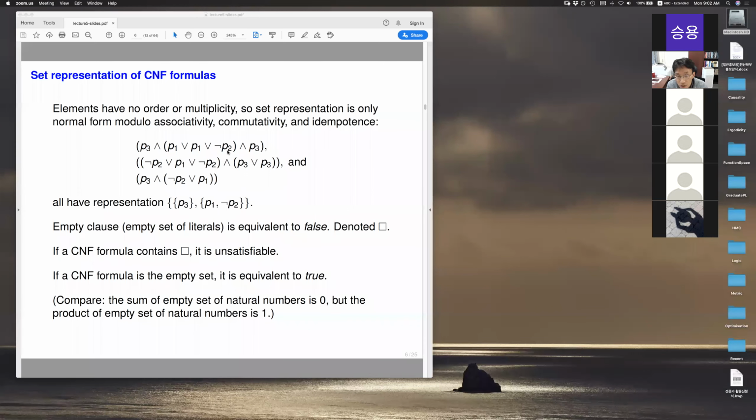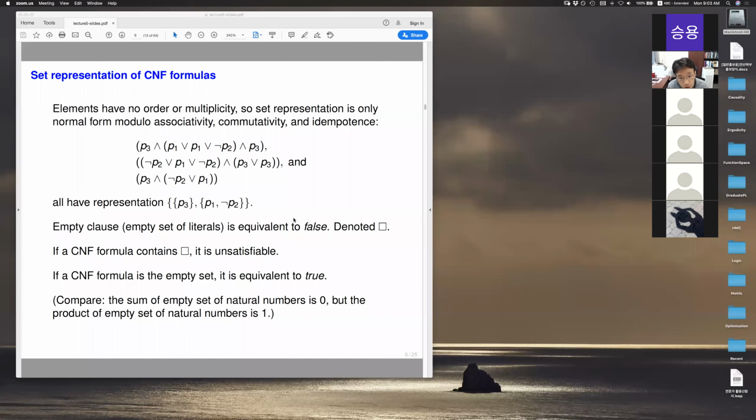The entire CNF formula is represented as a collection, or a set, of these sets of literals. This representation has a nice feature: it takes care of associativity, commutativity, and idempotence of conjunction and disjunction. So it gives a compact representation of a CNF formula.